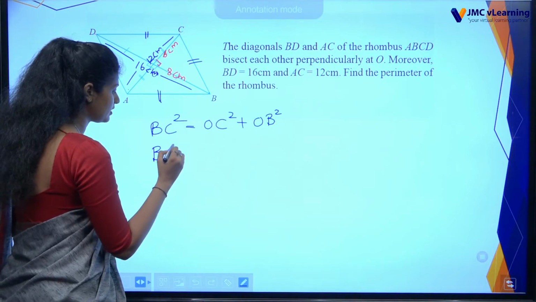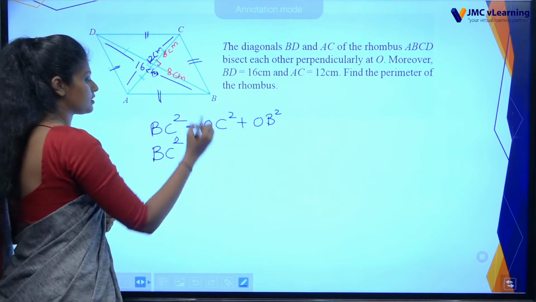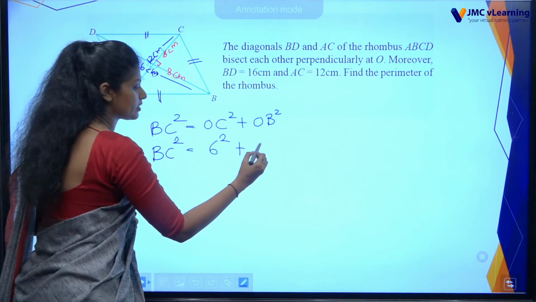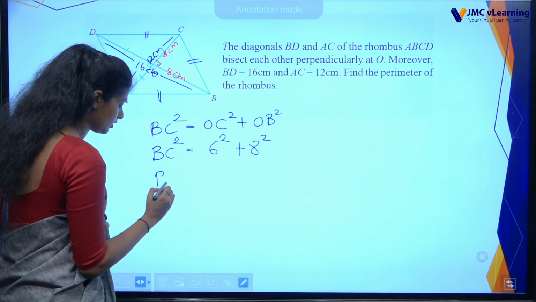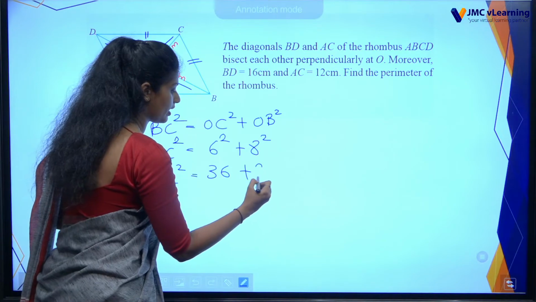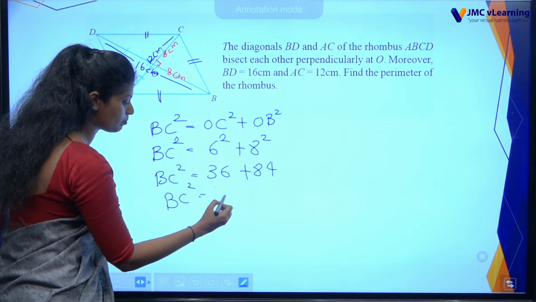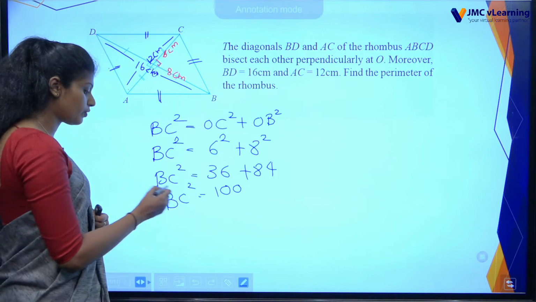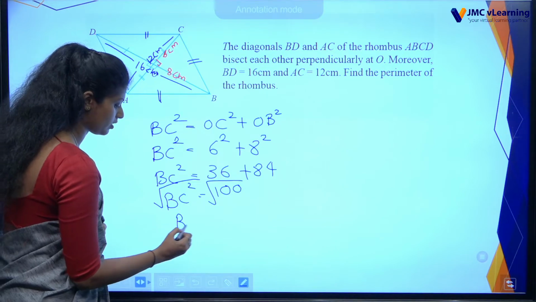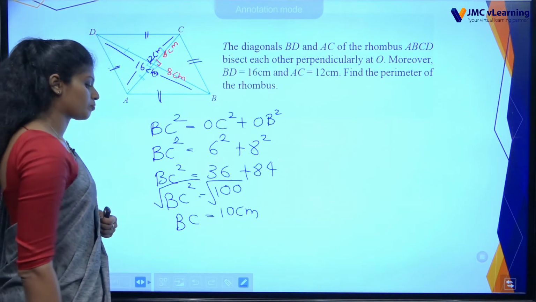OC is 6 and OB is 8. Then BC squared is equal to 36 add 64, so BC squared is 100. To find the BC length, you have to take the square root. Then BC is equal to 10 centimeter.